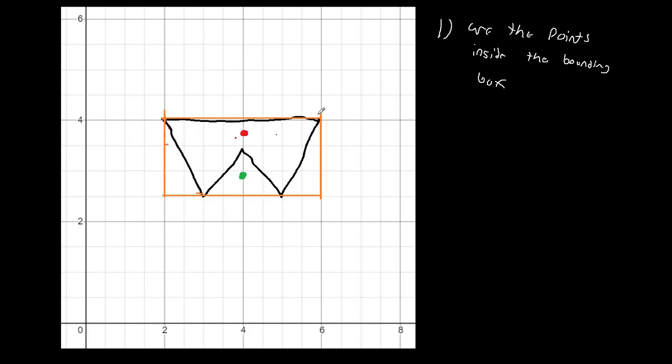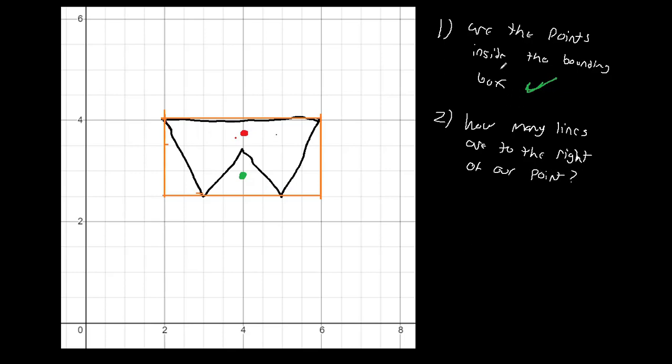So let's look at the red point first. So check. They are both inside of the bounding box. So step 2, we're going to ask ourselves how many lines are to the right of our point. So let's do the red point first. We're going to start here.